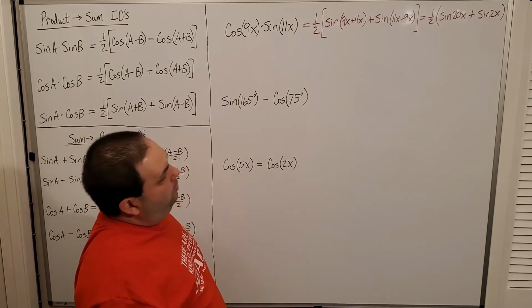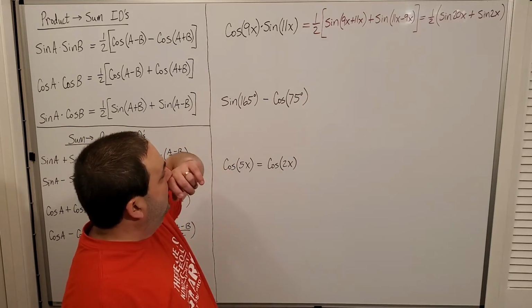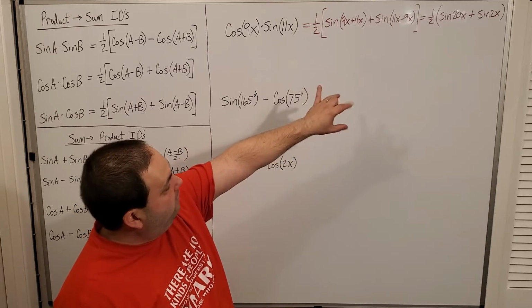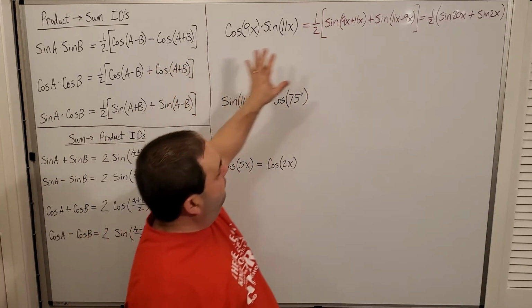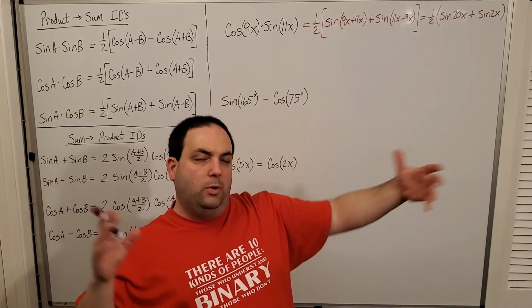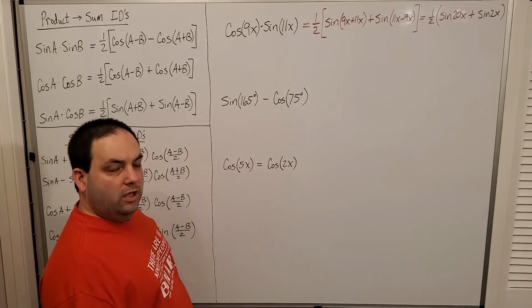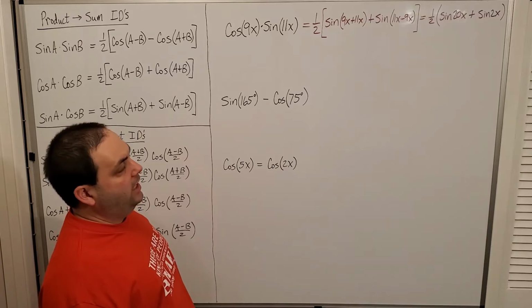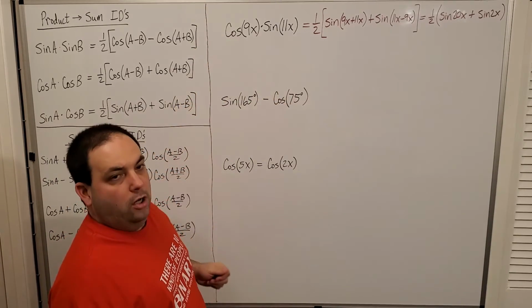Sure, one's 20x and one's 2x, but the major difference here is not the angles. It's that I still have my two trig functions and they're no longer multiplied. Okay? For a lot of our applications in calculus, things that are added are easier to split up and work separately. It just depends on the needs of the particular application. In that case, I needed to go from a product to a sum.